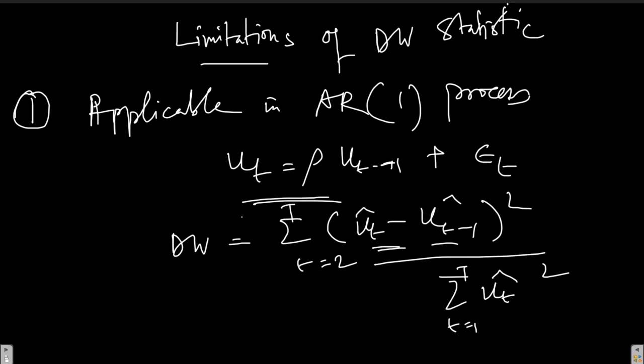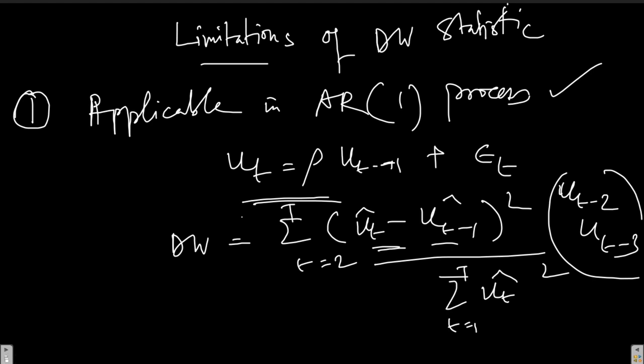I did not take ut minus 2 or ut minus 3, which would essentially mean my process would have been an AR2 or AR3 process. So because of this, the Durbin-Watson statistic is applicable only for the AR1 process, that we need to remember. All right, so this is one limitation.